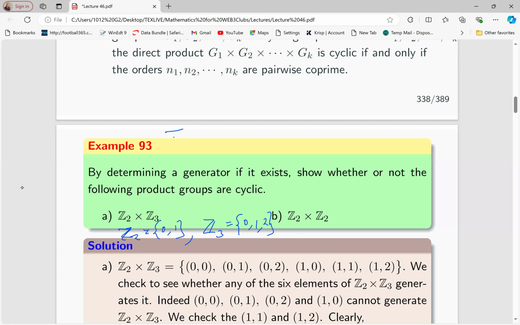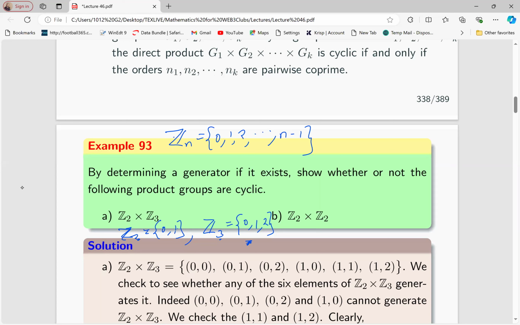When we talk of Zn, the elements there are 0, 1, 2, all the way up to n minus 1. That's why I've said Z2 has elements 0, 1, because n is 2. 2 minus 1 is 1. So it goes from 0 to 1. And for this one, n is 3. 3 minus 1 is 2. So the elements are from 0 to 2.